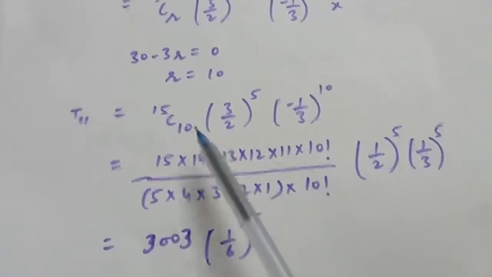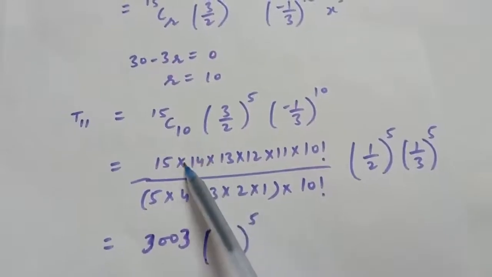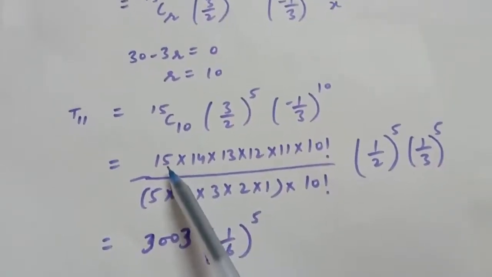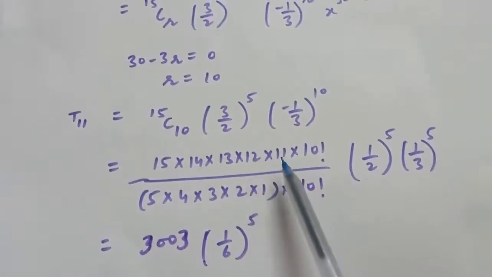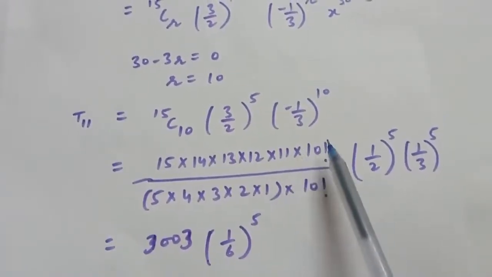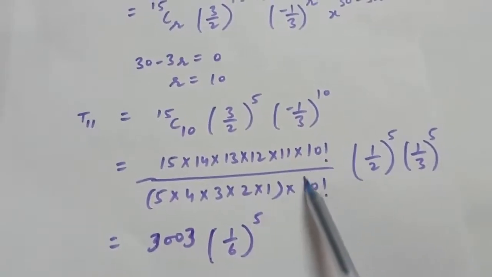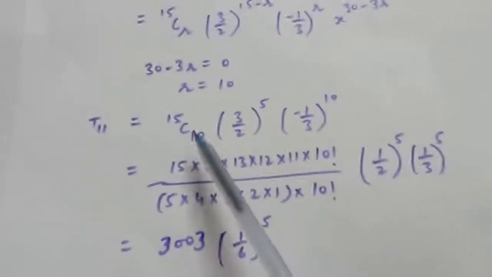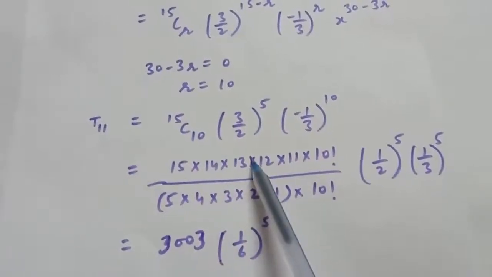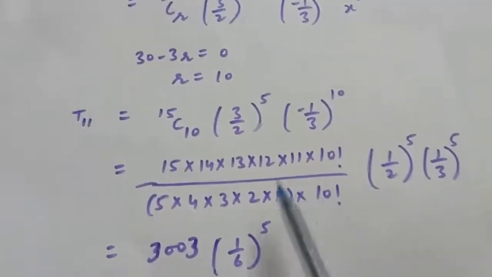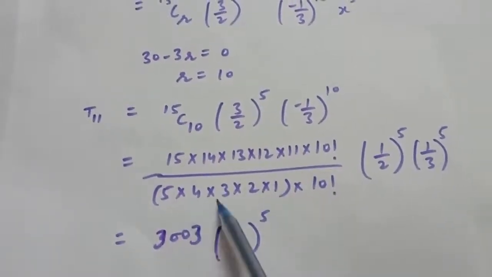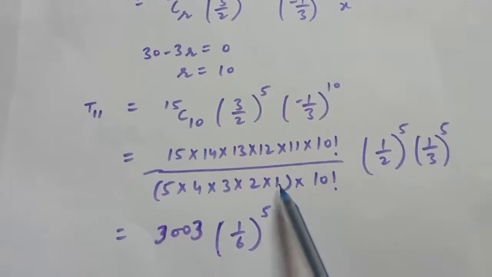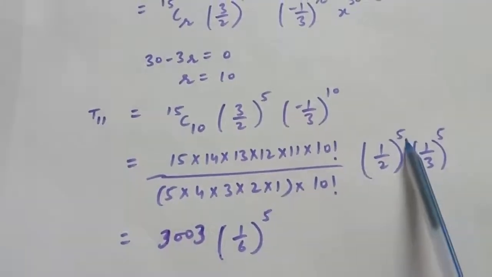Now you will solve it, writing this 15C10 as 15 factorial upon 10 factorial into 5 factorial. Writing 15 factorial as 15 into 14 into 13 into 12 into 11 into 10 factorial, because in the denominator we will get 10 factorial. Writing this 5 factorial as 5 into 4 into 3 into 2 into 1. 1 upon 2 raised to the power 5.